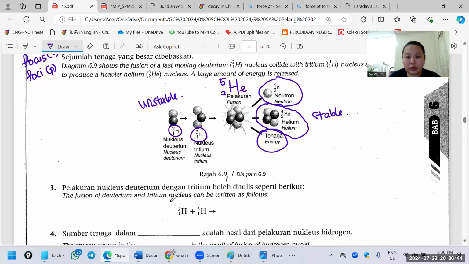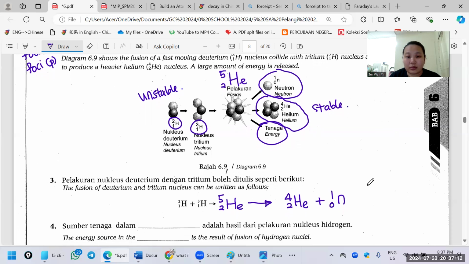So the equation is like this: 2, 1 plus 3, 1 become He-5, 2. You can skip this step also. Directly become 4, 2, which is more stable, plus neutron 1, 0.